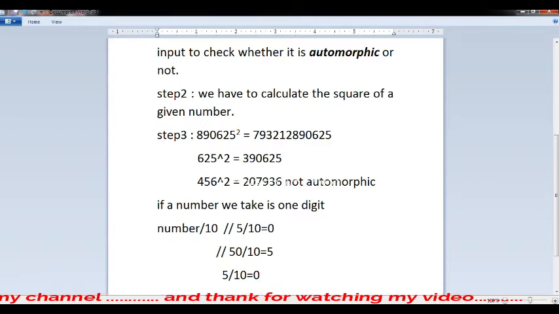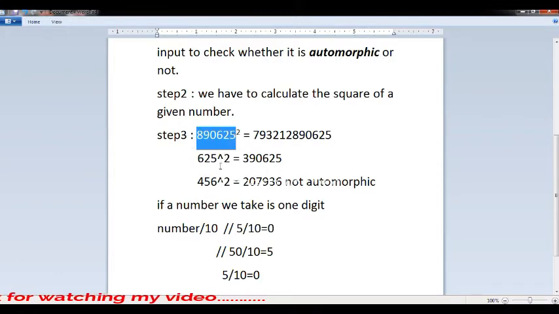So the only thing we have to do is firstly find the number we take, for example 625, 456 or 890625, the number which we take from the user.